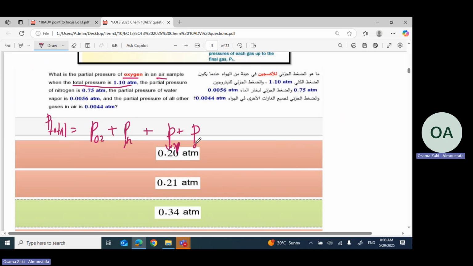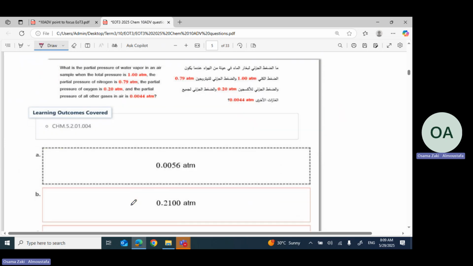So P total is 1.10 equals PO2, we don't know the pressure of O2, plus PN2 0.75 plus P water vapor 0.0056 plus all other gases 0.0044. You can use math or you can use your calculator to find the pressure of O2. So let's move here.